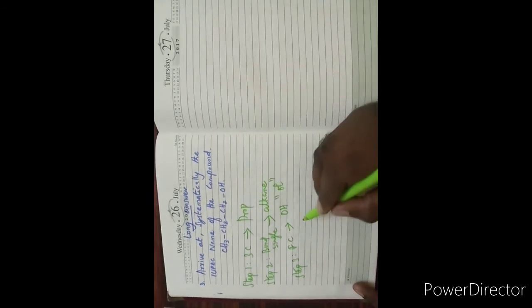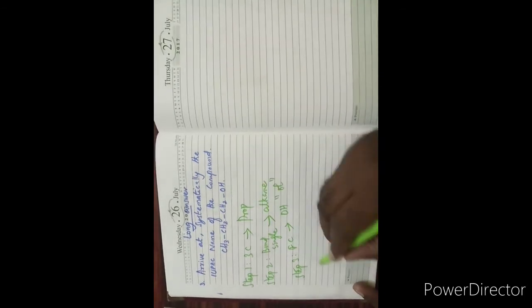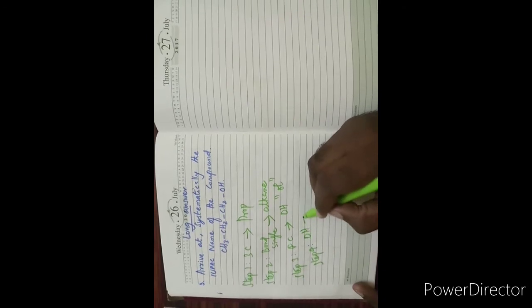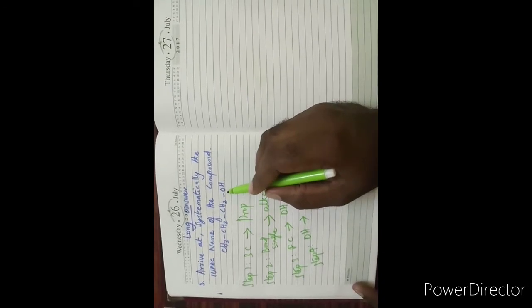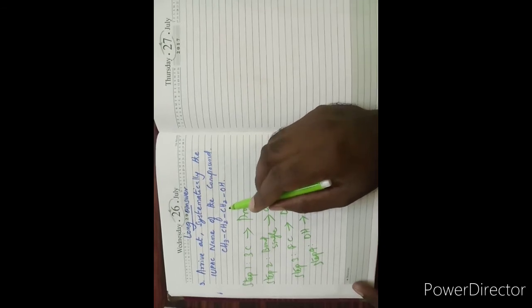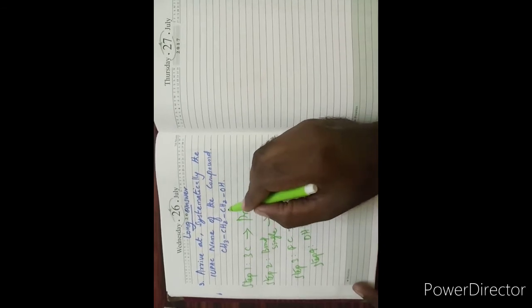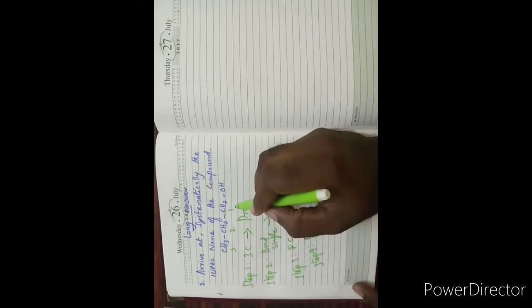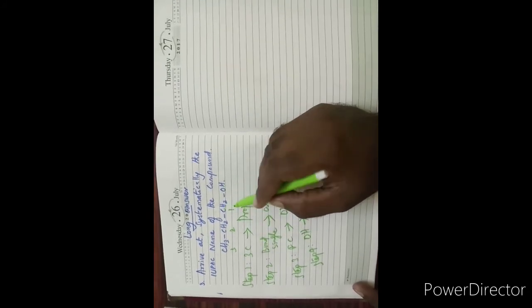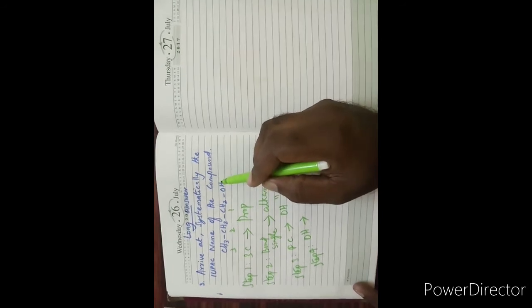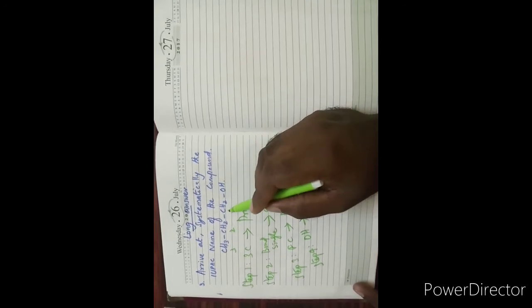Moreover, we have to give importance to one more thing, that is step 4. The alcohol group will be given the lowest locant number, that is, we should start from here, not from 1, 2, 3 on the other side, because if you start from left to right, the alcohol OH group will get the number 3. It is a wrong method. The functional group should be given more importance, so it will be connected to the first carbon.